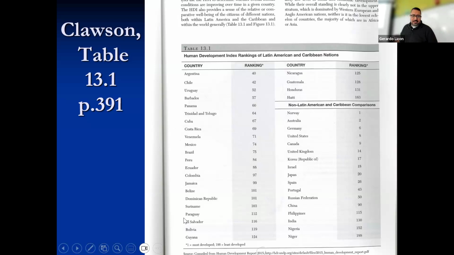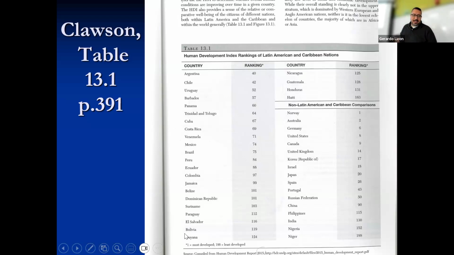The other thing is, if you're looking for the three countries in Latin America ranked the lowest, again, this is counterintuitive because of the numbers, but the highest ranking is the lowest number. Like Norway is the highest ranked.